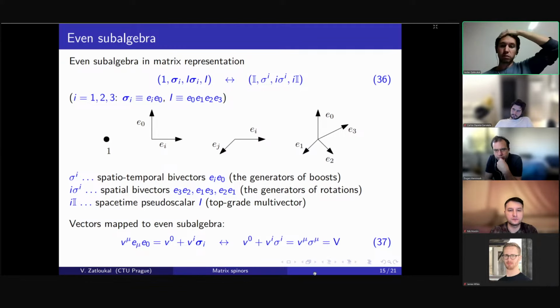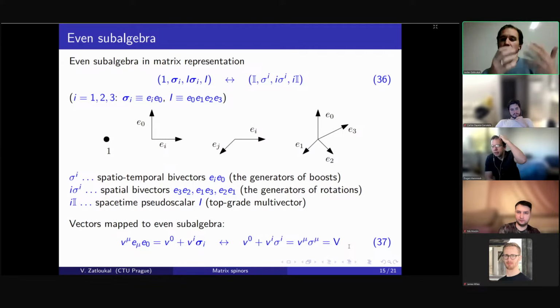And when one thinks about the matrix representation of this, then one gets exactly the representation of vectors as 2 by 2 matrices, that was the first thing that I defined in this talk.